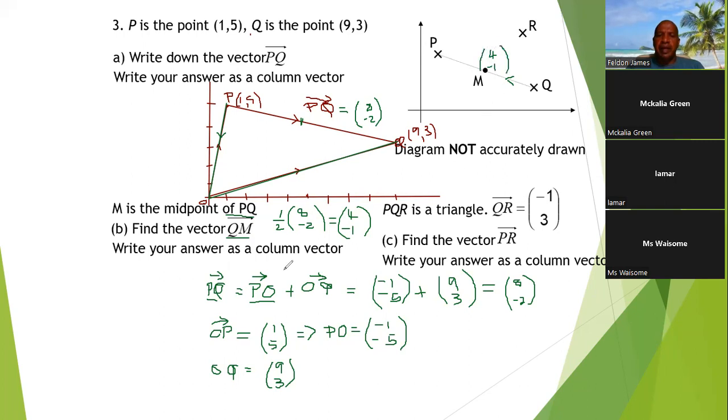So now the other part of it is, what would be the vector from P to Q? Now remember that the coordinates at Q would be 9, 3.